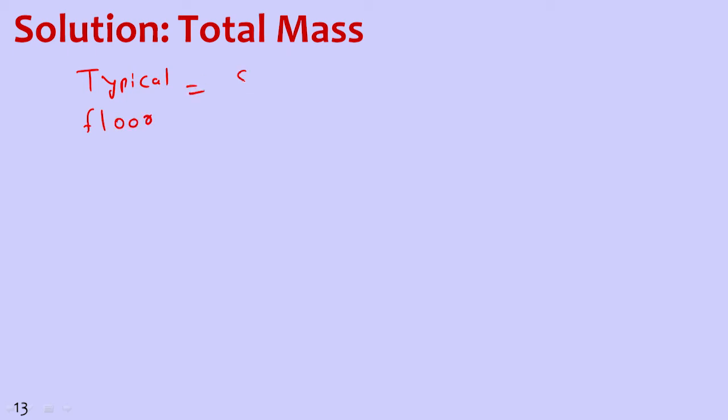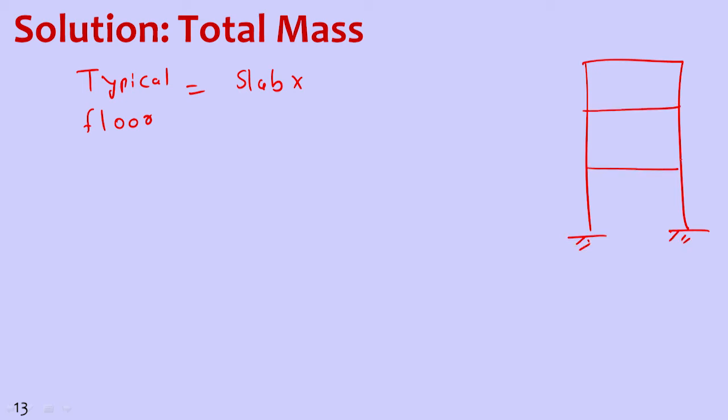We have the entire mass of the slab. Suppose this is our building under consideration. We are talking about this one. Now we have to consider only half. So the portion between this one will act as M1, this as M2, and above as M3.